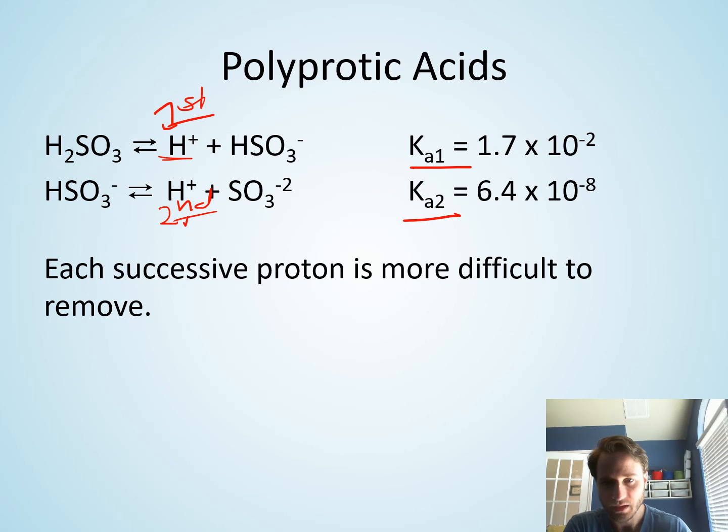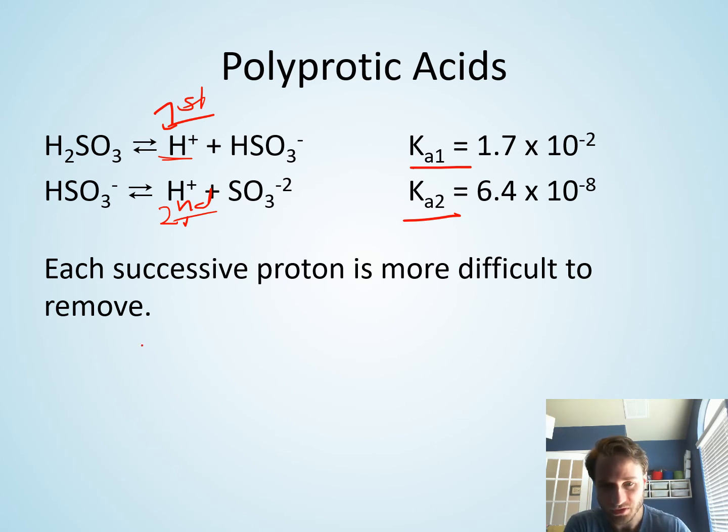You notice the value of Ka gets much smaller as I go from removing the first to the second. For acids with three hydrogen ions that can be removed, the third acid dissociation equilibrium, Ka3, is going to be even smaller. Each proton you remove becomes more and more difficult to remove, so it becomes a weaker and weaker acid.